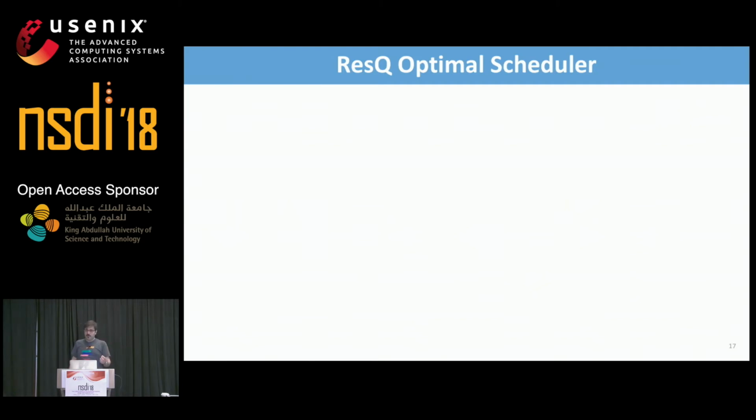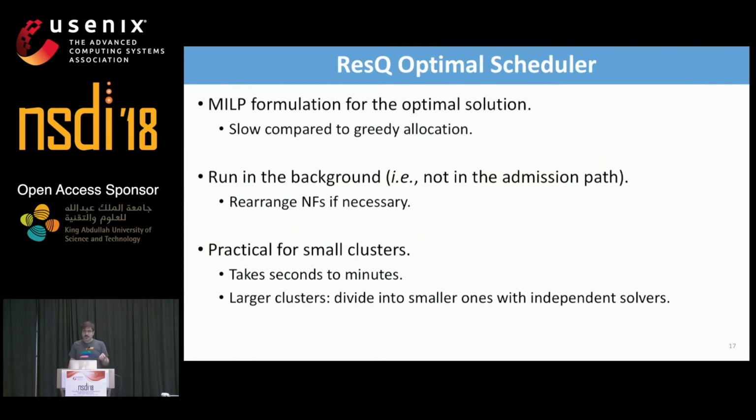The optimal scheduling, we formulated as a mixed integer linear program. It's slow compared to the greedy allocation and greedy admission. So what we do is we don't put it in the admission path, in the fast path of the process. We run it in the background, and if the gains from rearranging NFs to move to this more optimal schedule are sufficient, we'll rearrange NFs to go to this new schedule.